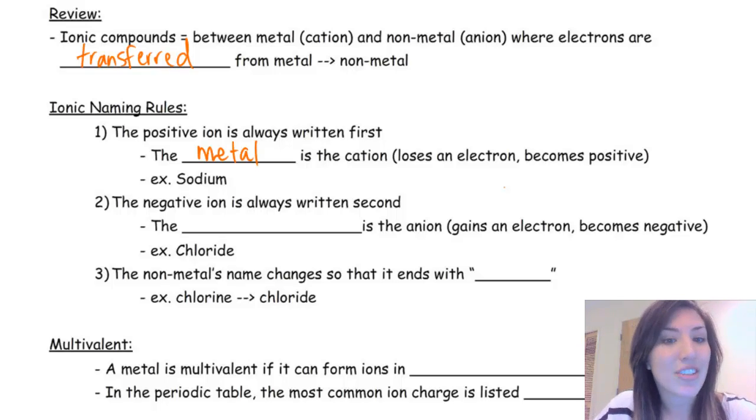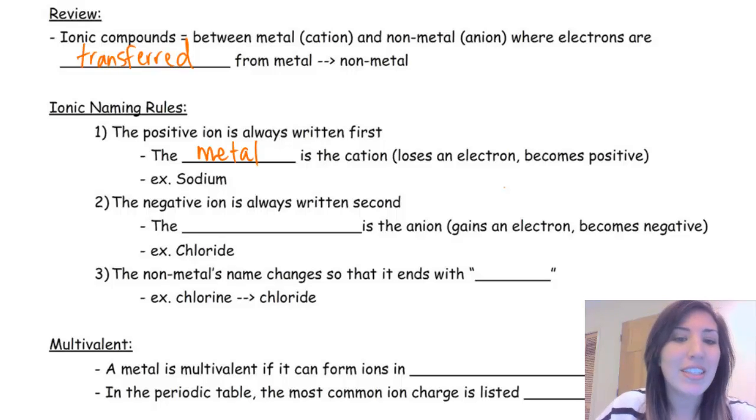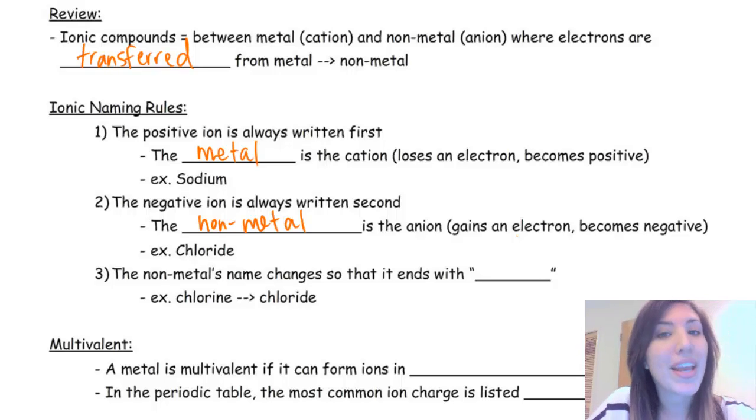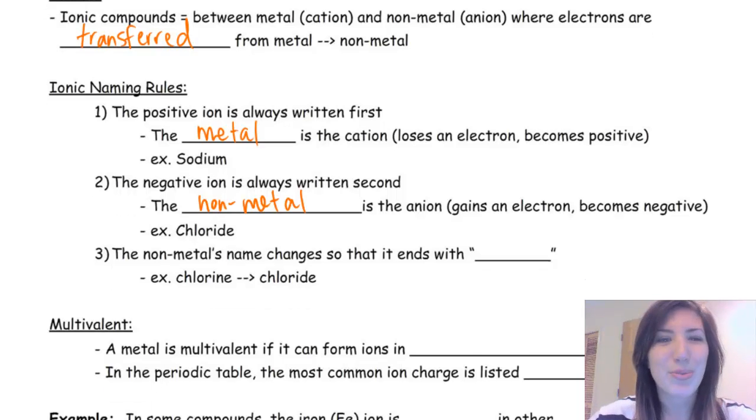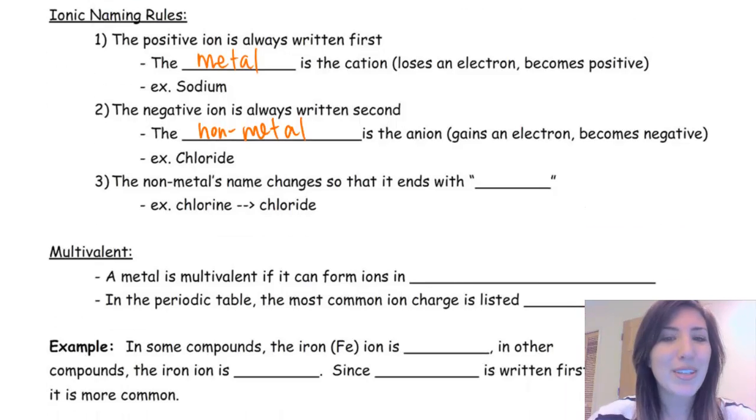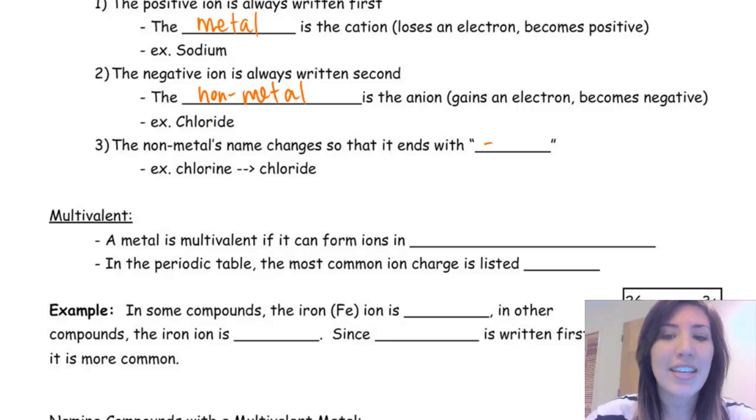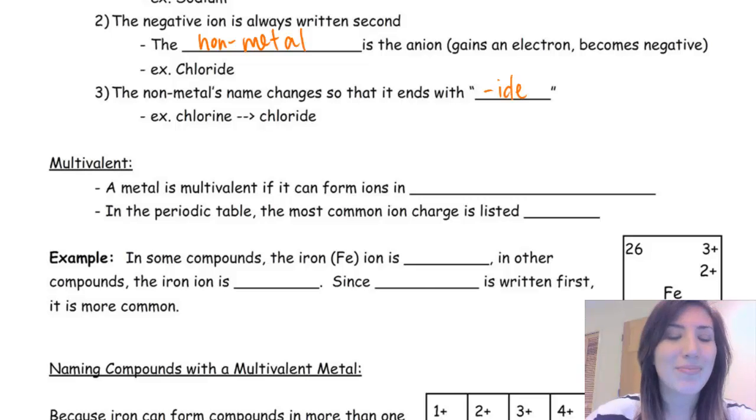It is giving its electron to the nonmetal, and the negative ion, the nonmetal, is always written second. And it's the anion. It's the one that gains the electrons. So I hope you're really becoming familiar with these words now. The nonmetal's name changes so that the ending ends with "ide." For example, chlorine goes to chloride.